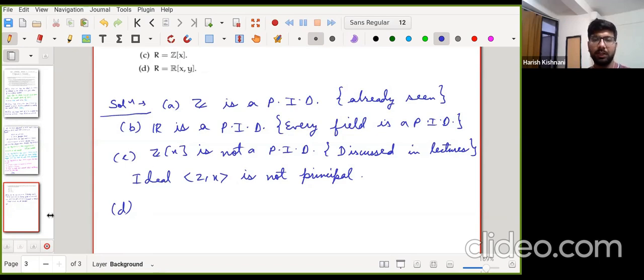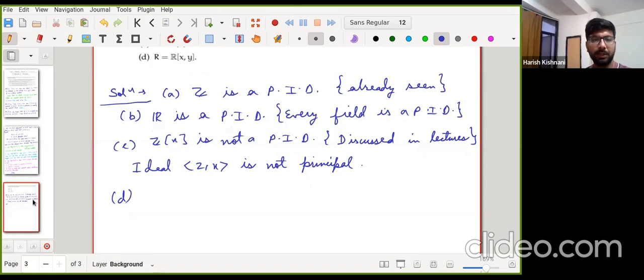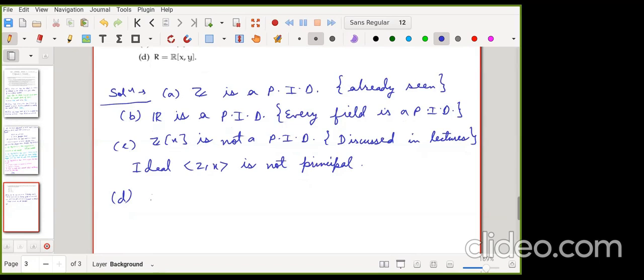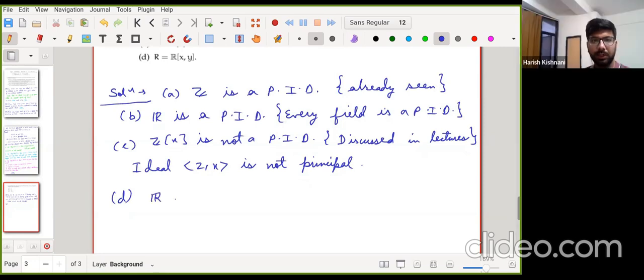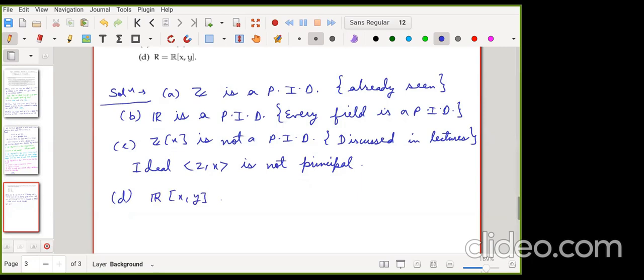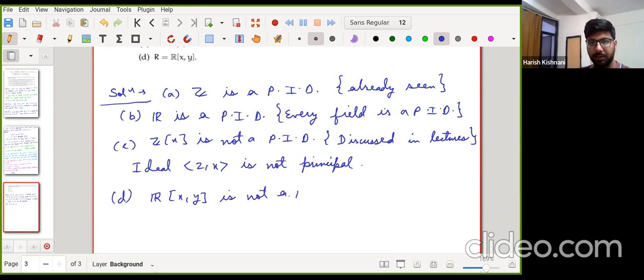Instead of (2, x), you just replace it by (x, y) and follow the same idea. It's not going to be a PID. That has already been discussed in lectures also, and the same idea will work here also.